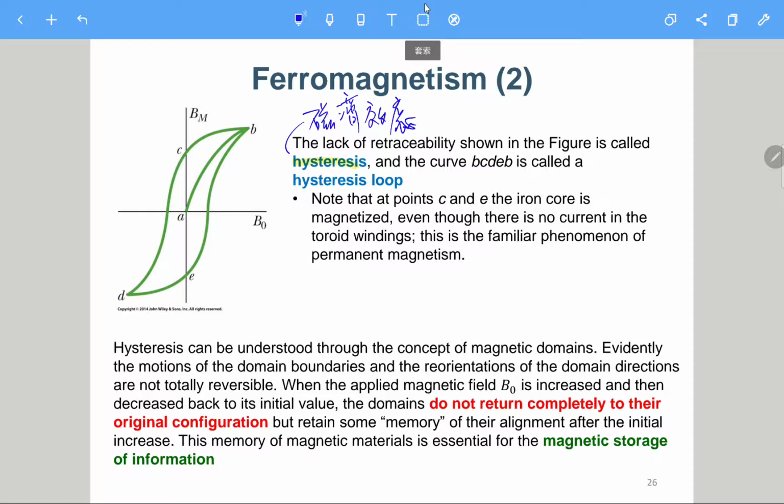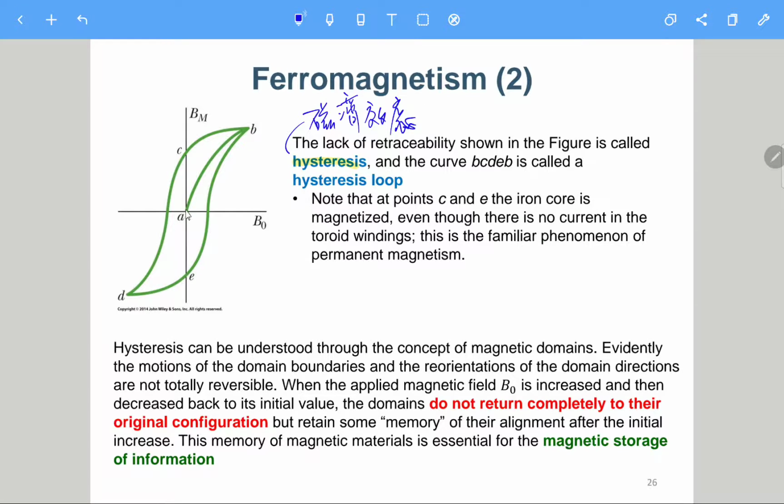In the past we were using magnetic hard disks. In that case, we try to store some data in the ferromagnetic material.